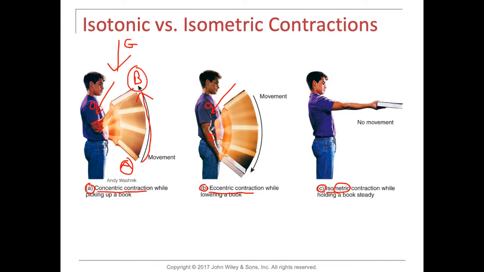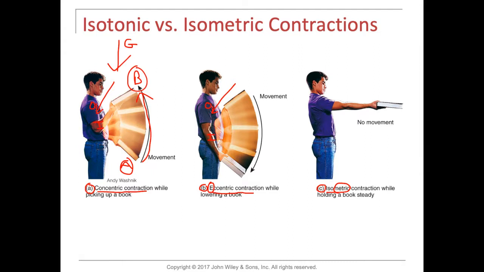When the origin and insertion move further away and the muscle is elongating, that's an eccentric contraction. So think of eccentric goes with elongation, meaning the origin and insertion are moving further apart. So in A, concentric, that's the shortening phase. Concentric is when the origin and insertion approximate or move closer together.